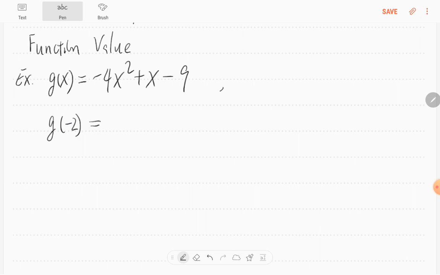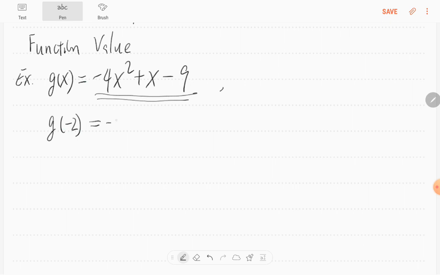Here you see negative 2 replaces the position of x. In other words, we can replace x with negative 2 everywhere on the right side. The input is negative 2 for the x variable. What is the output? We just replace x with negative 2.